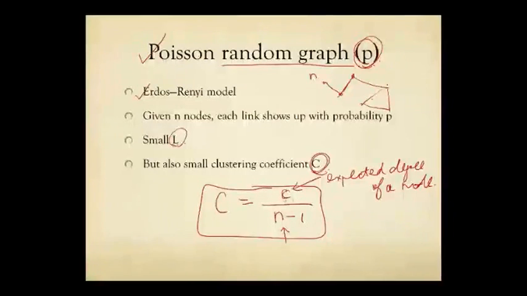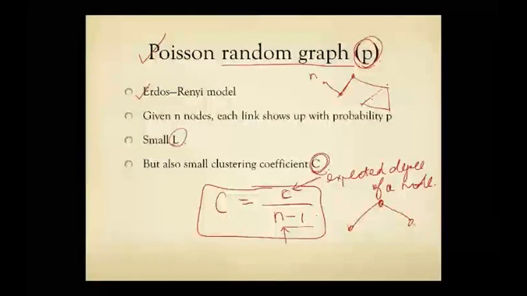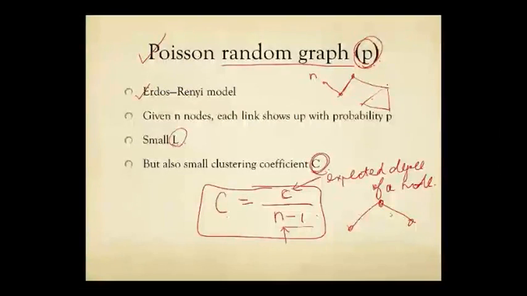This is how many connections you have, and this is how many nodes are out there other than yourself, and therefore their ratio is the probability of the two nodes being connected, independent of whether these two nodes are already indirectly connected by another node or not. Doesn't matter. That's not how the graph was constructed. So the chance that these two nodes are connected is exactly just c over n minus 1.